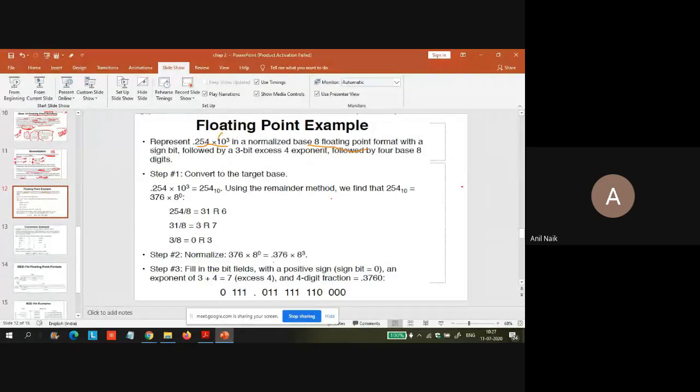So what is the base here? Base 10. This is the original number, so it is given in base 10. Okay. And what is the target base? We need to convert it to base 8 floating point format.